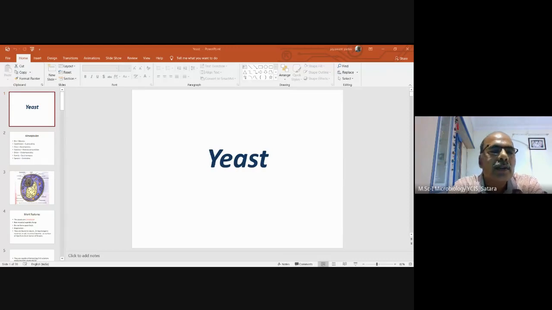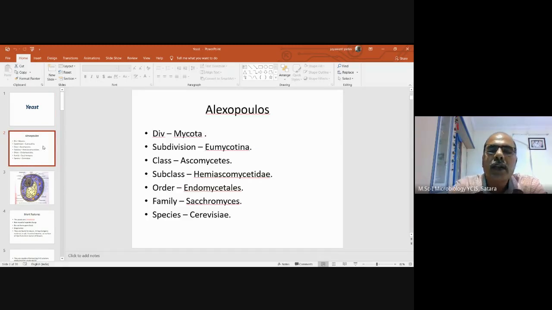When you go through the scientific literature, you will find that according to the scientist Alexopoulos, yeast is categorized into division Mycota, subdivision Eumycotina, class Ascomycetes, subclass Hemiascomycetidae, order Endomycetales, family Saccharomycetaceae, and species Saccharomyces cerevisiae.